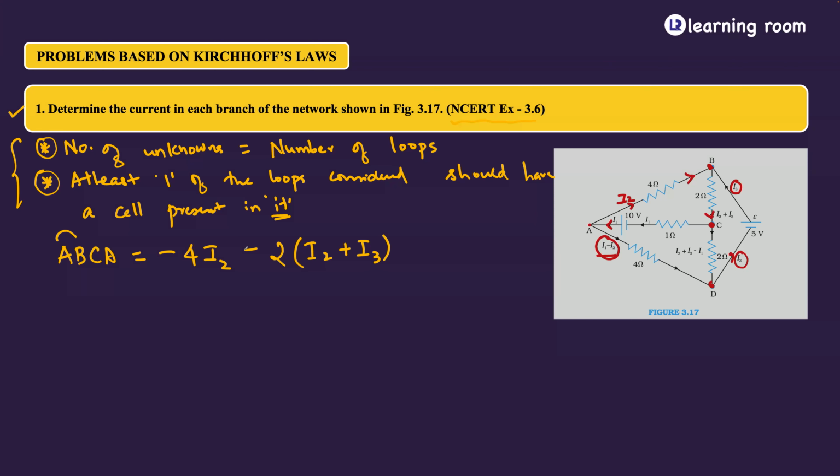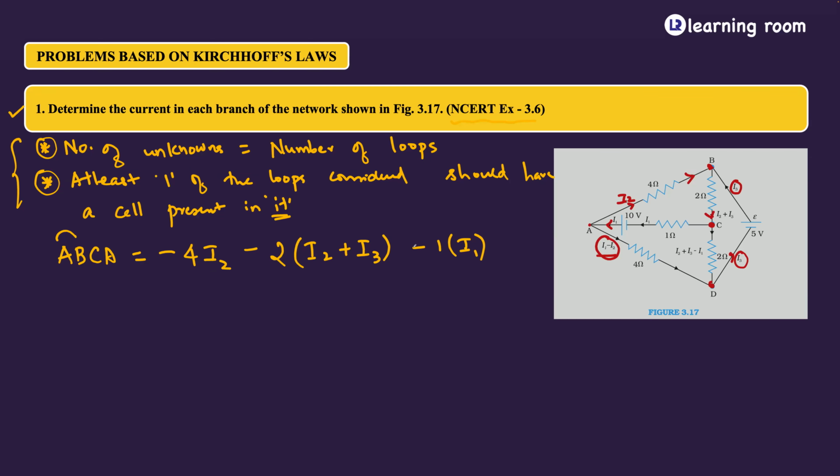So the concept of looking at the direction of current or in the direction opposite to current is applicable only for resistor, not to cell. Right? So when you walk from C to A, when you go across this resistor, resistance is 1 and the current through it is I1. Next, you need to check you are walking in the direction of current, so you take a minus sign.